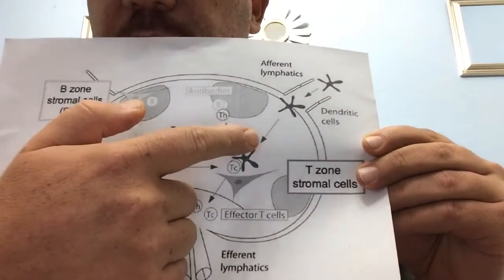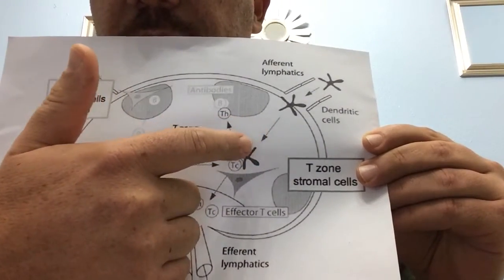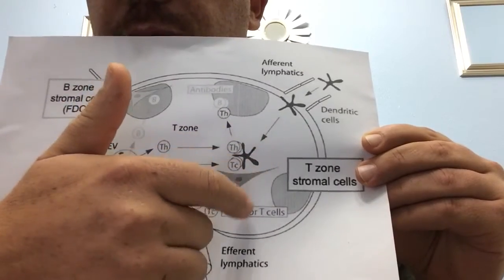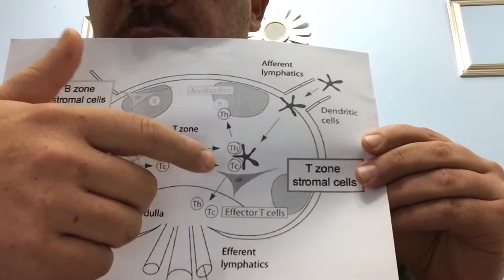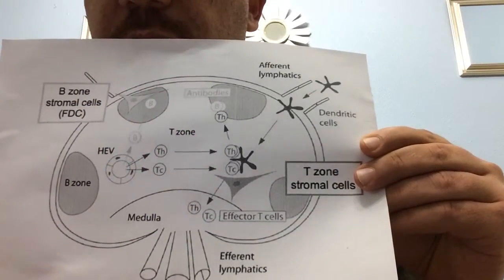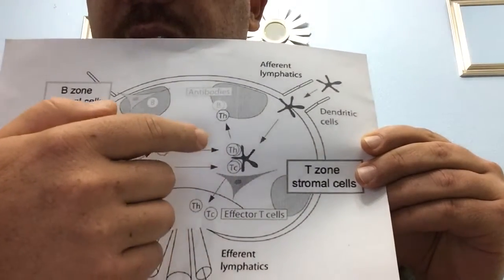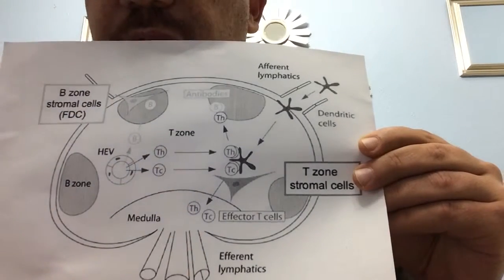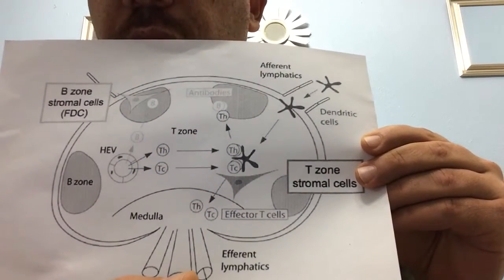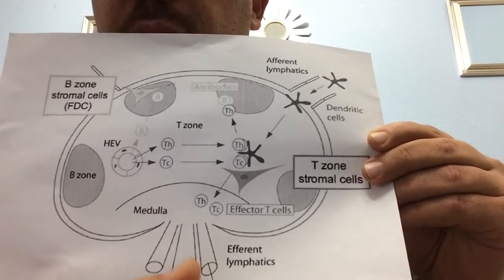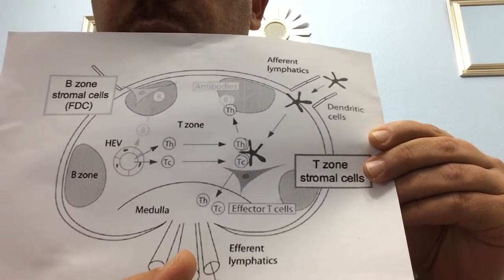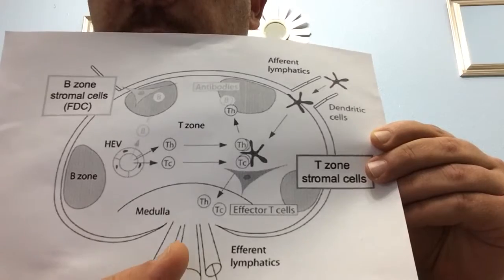And here is where the cell mediated immune response will be initiated inside the lymph node. Under the influence of interleukin 2, these activated T cells will differentiate into one of its categories, which is T helper 1, T helper 2, cytotoxic T cells, or CD8 plus memory cells.